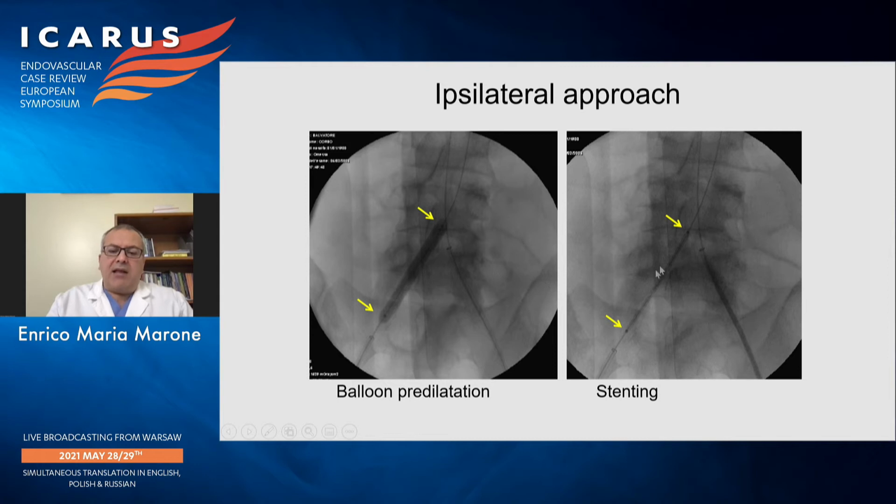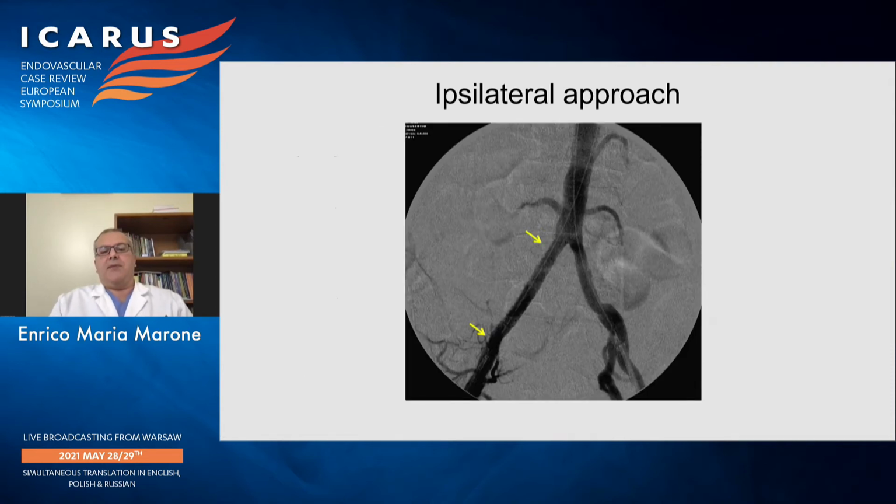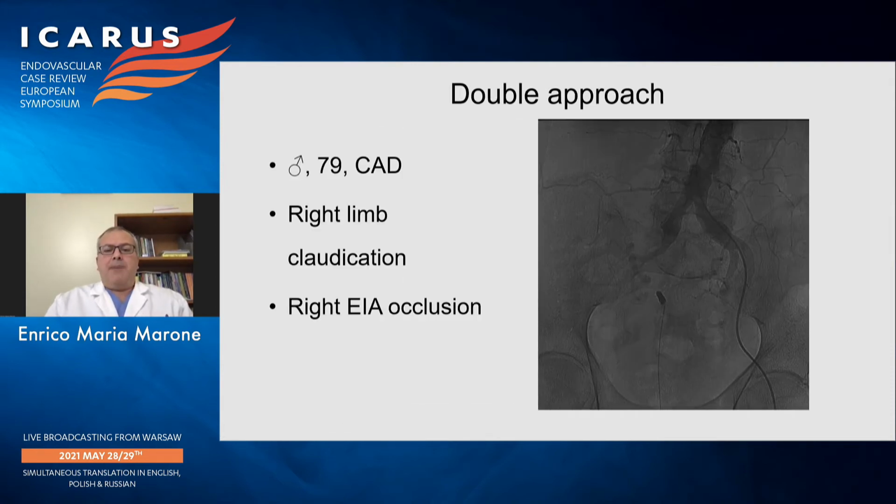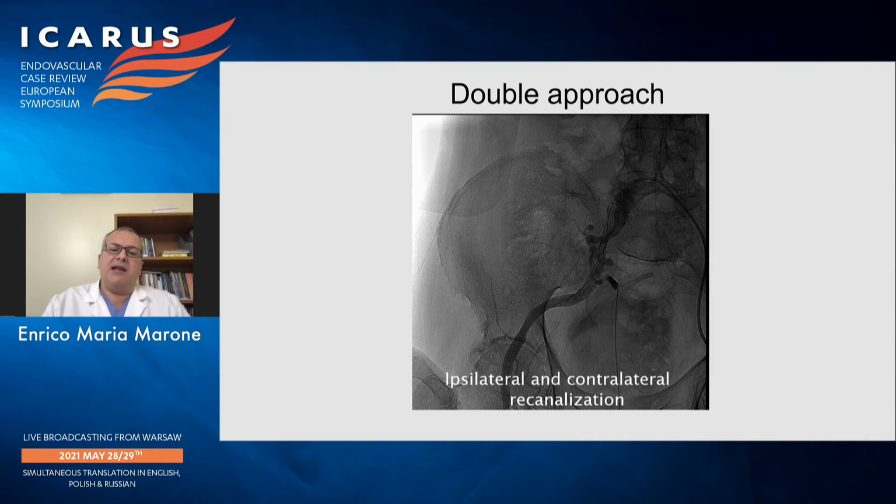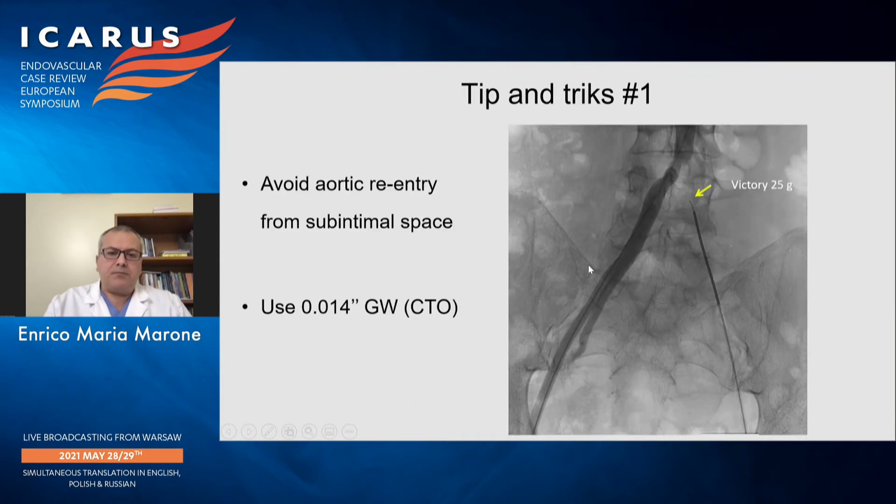This is the result, a very good result, and the check is performed from the contralateral side. But the most used approach is the double approach, contralateral and ipsilateral. This is an example of a right external iliac occlusion recanalized with a double approach, contralateral and ipsilateral.